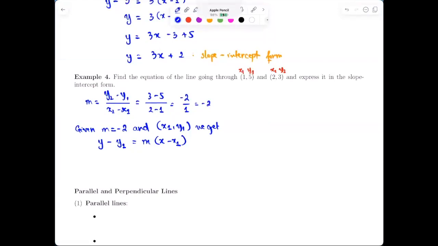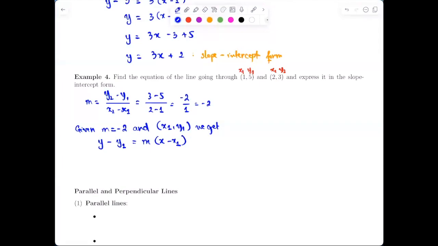So this is the formula that we saw earlier, the point-slope form, right? I gave you y minus y0 equal to m times x minus x0. The x0, y0 is just a placeholder. You can change this to something else. In this case, this can be written as y minus y1 equal to m times x minus x1.